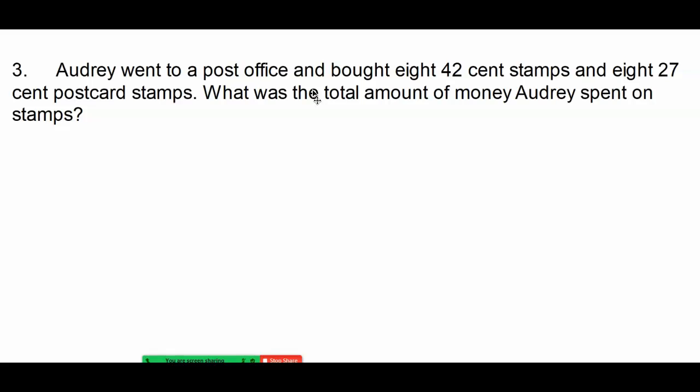Audrey went to the post office and bought 8 42-cent stamps and 8 27-cent stamps. What is the total amount she spent? So in this case, since both costs are the same, method 1 says the number of stamps bought was 8 times the total cost of each stamp added together.